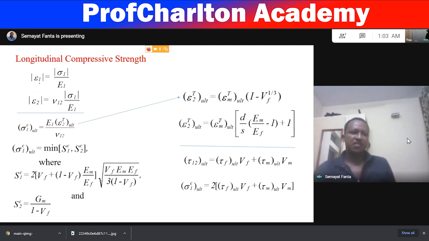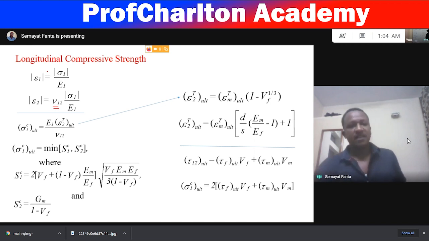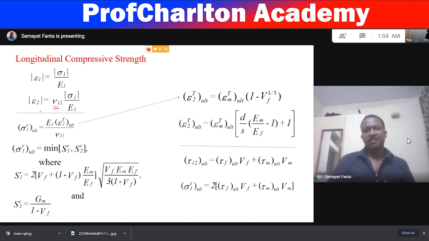So the absolute value of strain is related to the absolute value of stress with E1 for the strain in direction 1. The strain in direction 2 is related to sigma 1 and E1 using the Poisson ratio. That is, when the loads are applied in direction 1, the second direction has a Poisson effect, so we consider that.